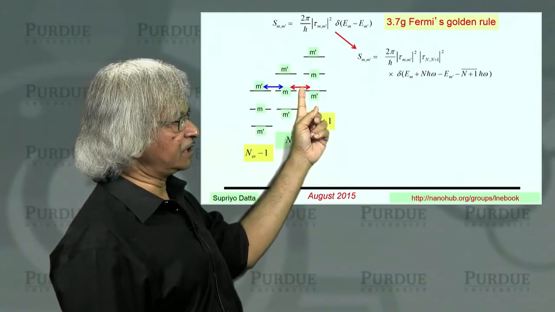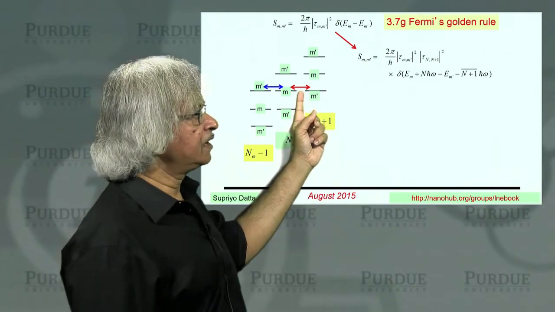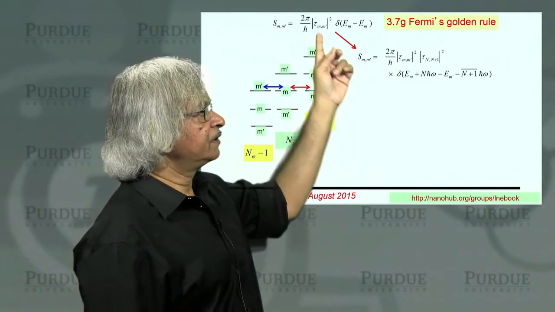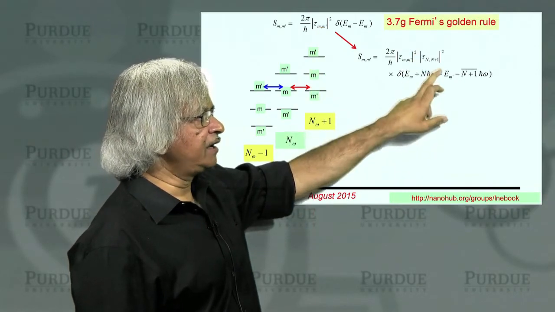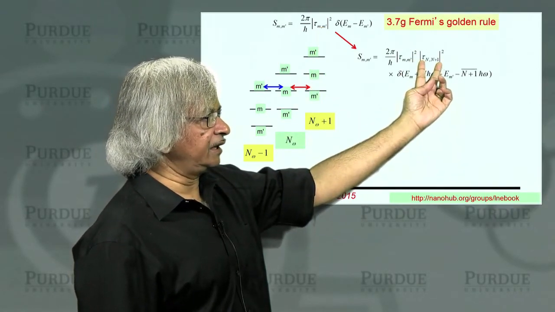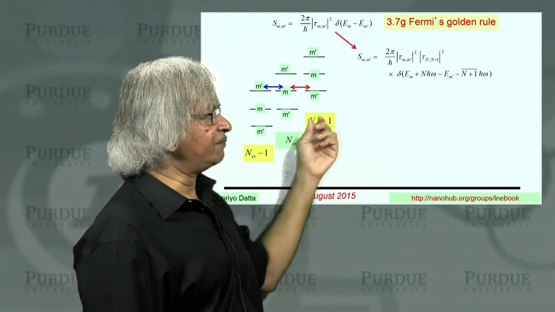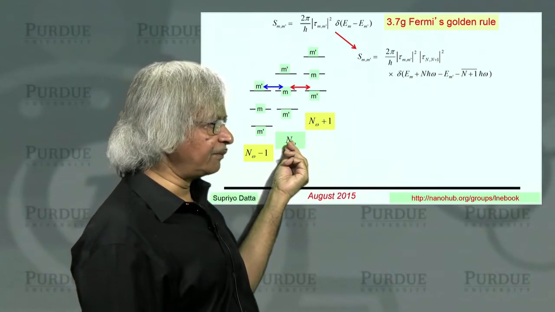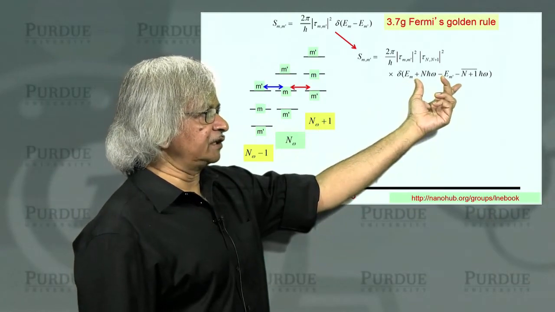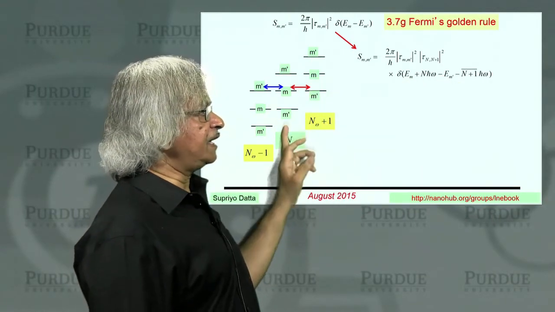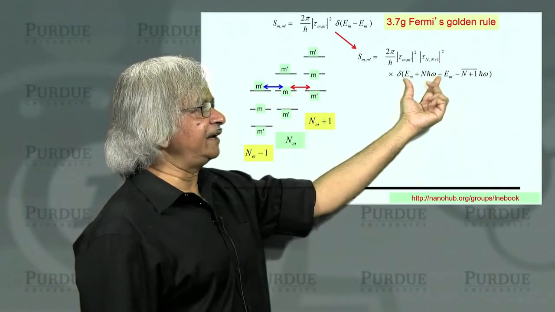Consider this red process. That's the emission term. Well, now what would happen is, starting from our original result, we have tau mm prime square, but you also need another element here, which is the matrix element from going from n to n plus 1. And when you look at the argument of the delta function, instead of Em, you have Em plus n h bar omega.